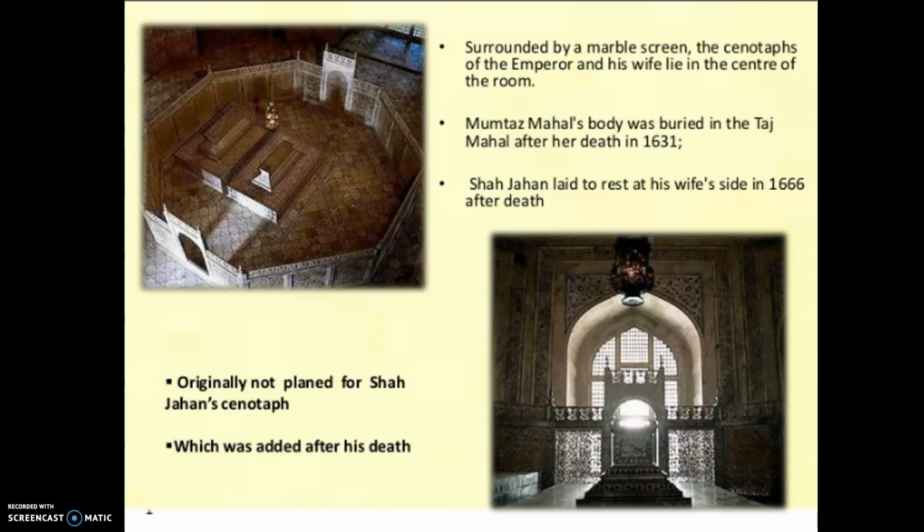She was buried in 1631. Shah Jahan's tomb is on the side, where he was buried after his death in 1666. Originally it was not planned for the cenotaph of Shah Jahan, so it is not on the central axis. It is just kept somewhat closer to his wife, and was added after his death.